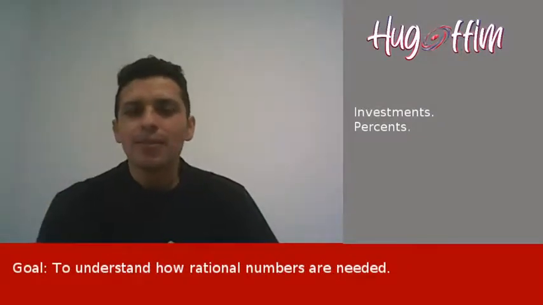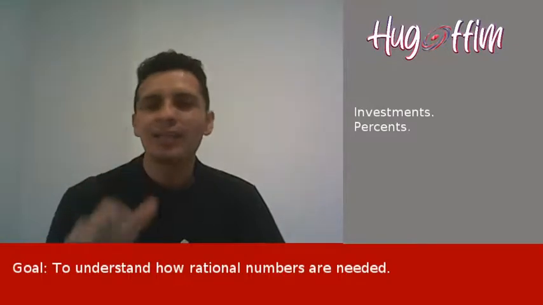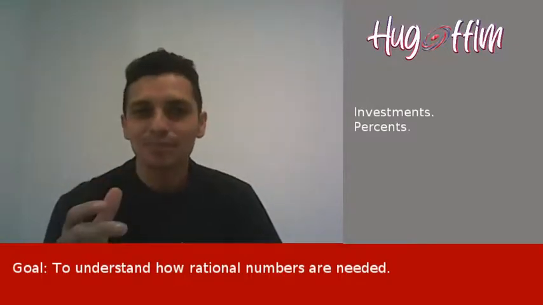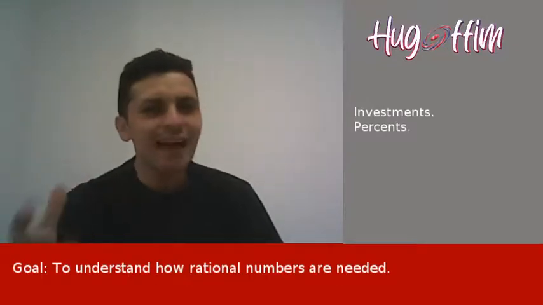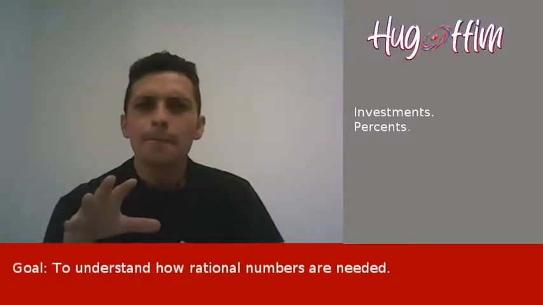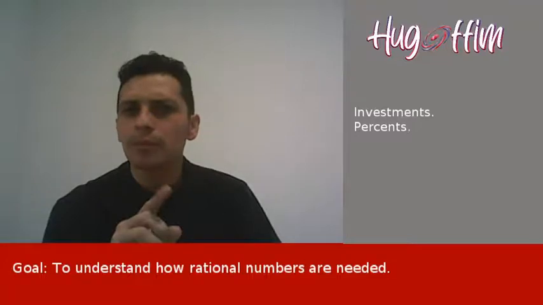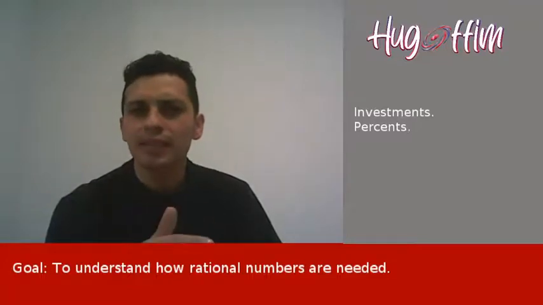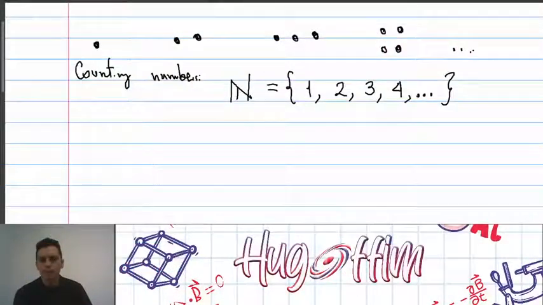But there's a problem with the counting numbers. You can add the counting numbers easily, but we have a problem when we start subtracting counting numbers. And what is the problem?